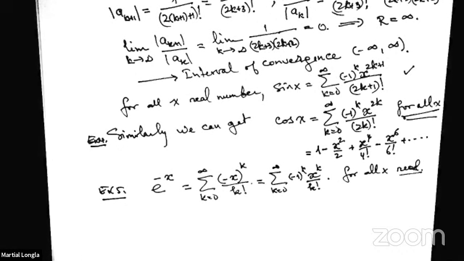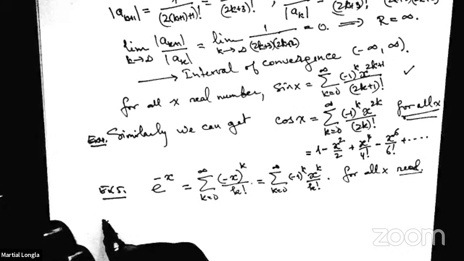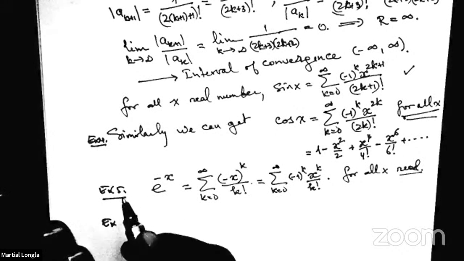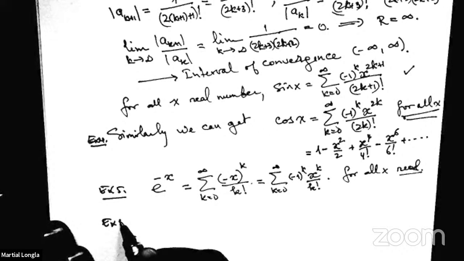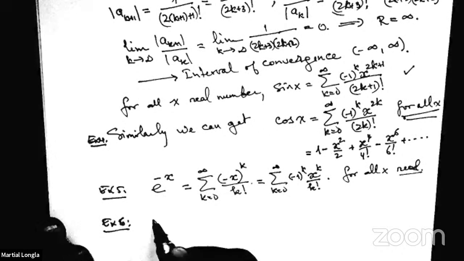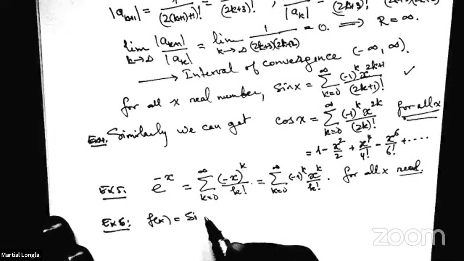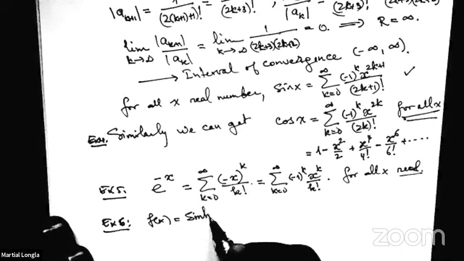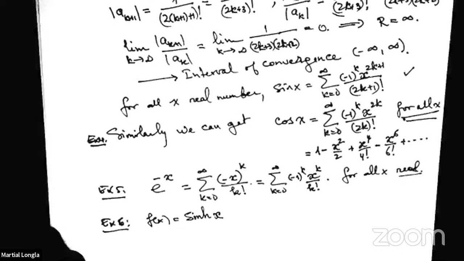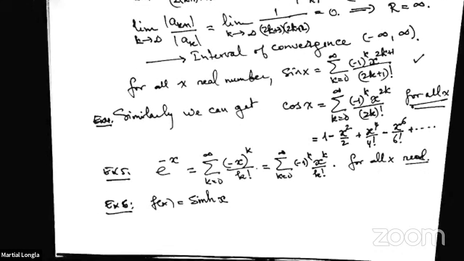let me ask you a strange question. Let's see an example 6. If f of x equals hyperbolic sine of x, how do you think I would find the Maclaurin series?